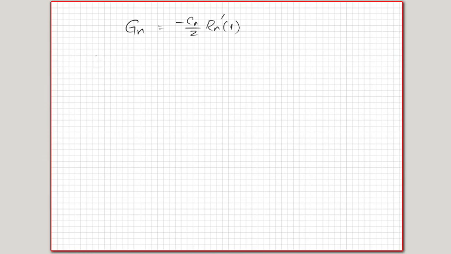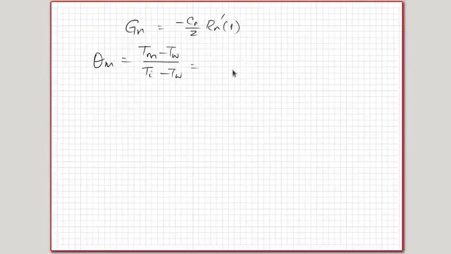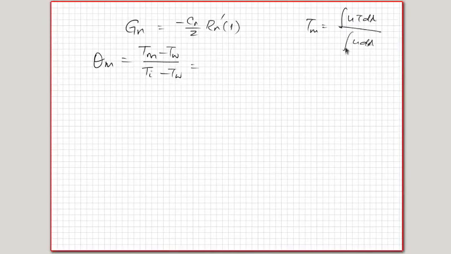So I'll be able to write theta mean, which I integrate the temperature, and I get this, which is Tm minus T wall divided by Ti minus T wall. So Tm is defined in the usual way. Tm is equal to integral of u T dA divided by integral of u dA over the area.